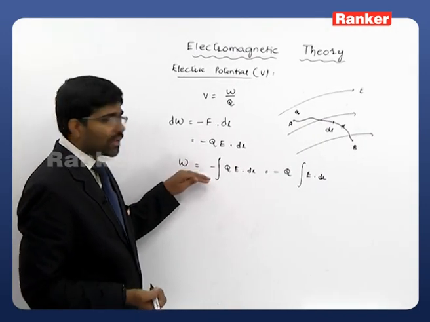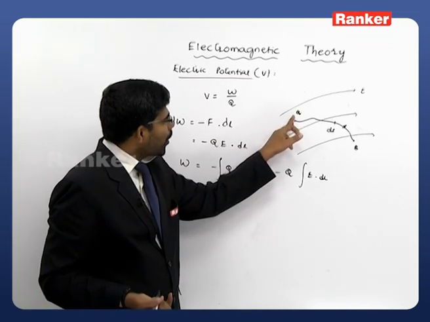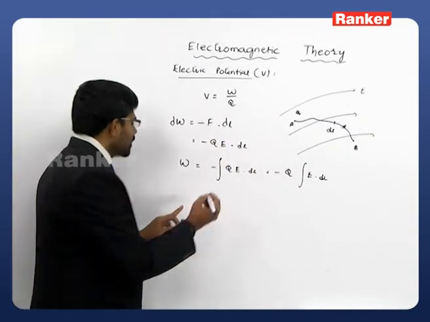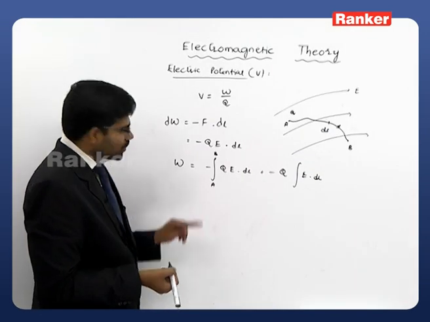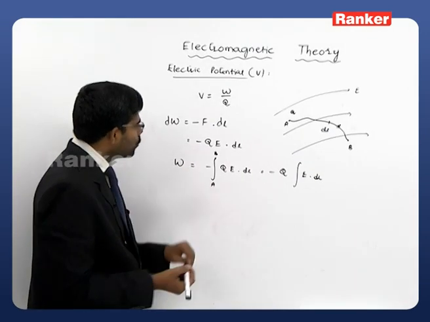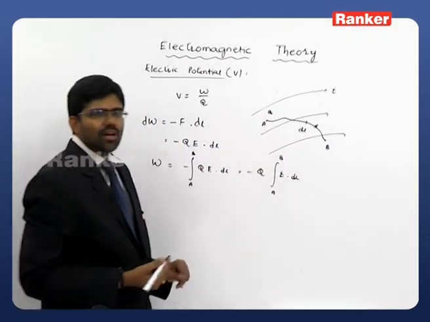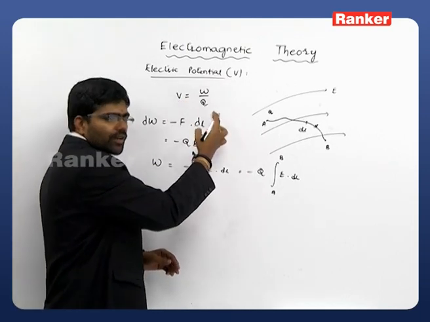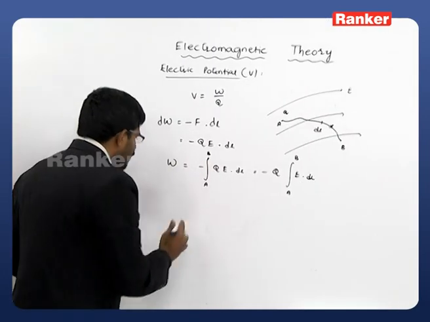This integration is for calculation of the total work done to move this charge from point A to point B. So along the line from A to B we are supposed to integrate this. So the work done is integral from A to B, E dot dl. Now as per our definition of the potential, it's the work done per charge. The work done is here, the charge is on the right hand side, so bring it to the left hand side.